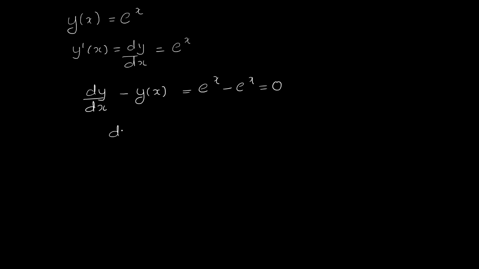That is, dy by dx minus y of x is equal to 0. That is the equation I have got. Now if I substitute y equal to e raised to x, this equation is satisfied. So I can say that y equal to e raised to x is a solution to this differential equation.